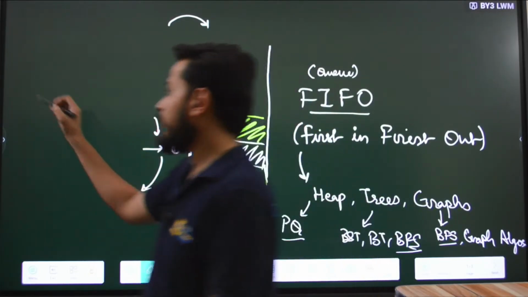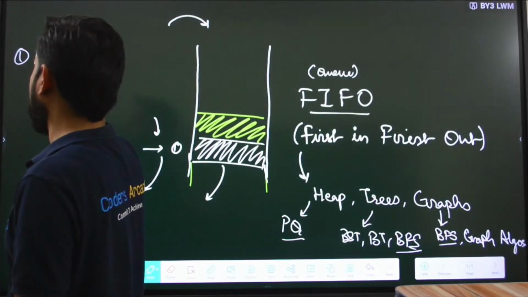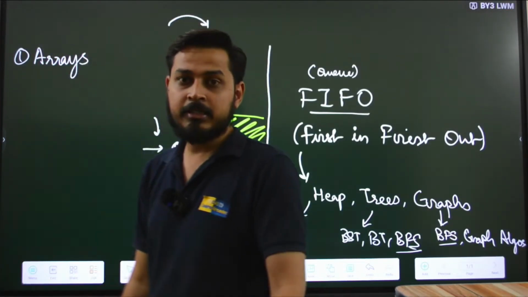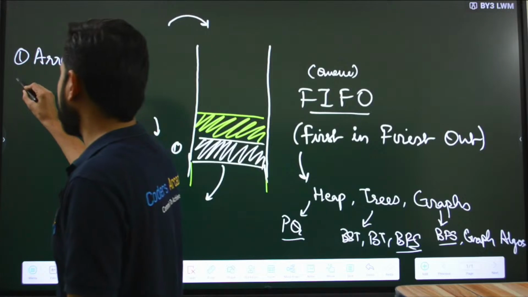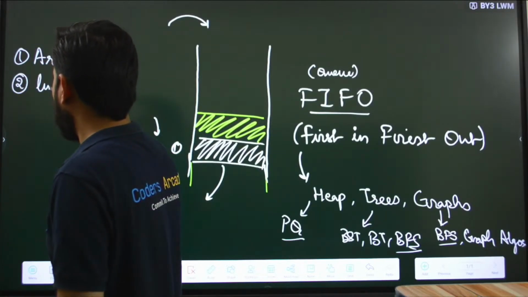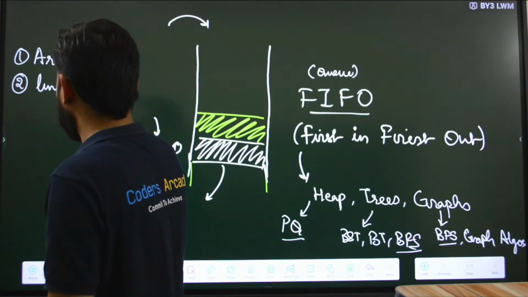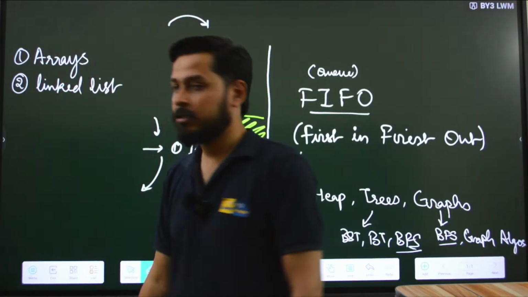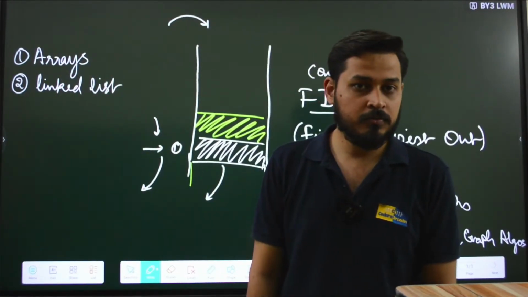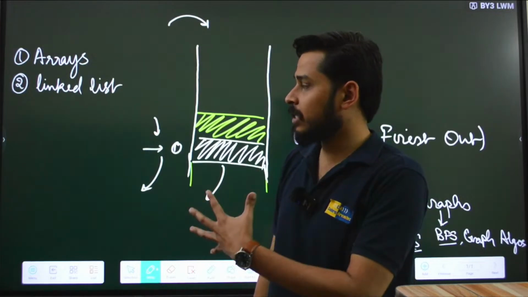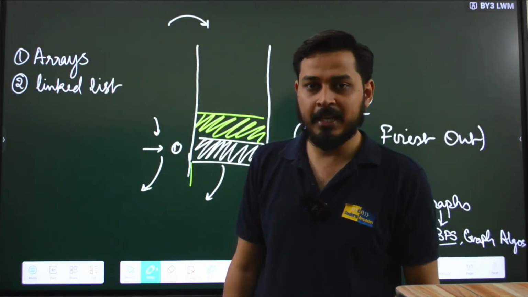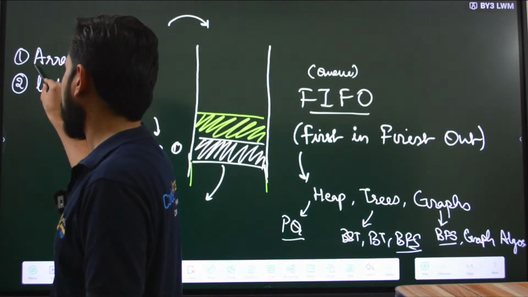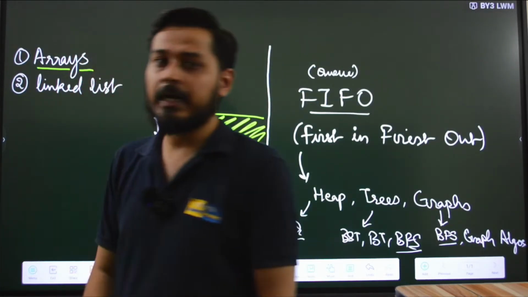You can implement the queue using arrays, the very basic collection that you have, or you can use the concept of linked lists, or implement priority queues. So these are the ways that you can implement, and there are some extra ways as well. Today we are going to talk about the implementation of queues using arrays.